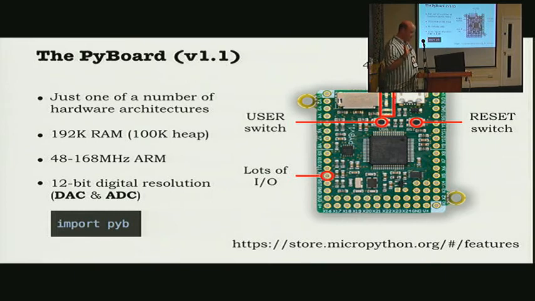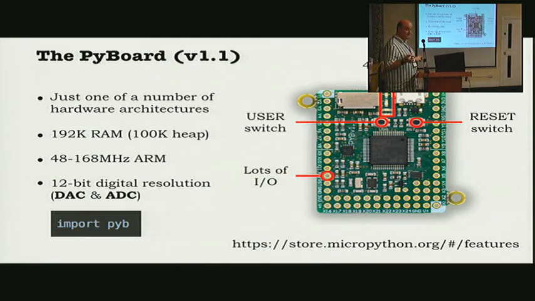So the board that's inside the case looks something like this, and gives you access to a couple of switches which you can program, and reset the device. It's got a number of LEDs, and it's got tons of I/O around the edge of the board, which come out of jumpers. It's fairly limited in terms of memory. You've only got a few 100K of RAM, usable less than 100K when your code is running, and you're on a relatively low-powered device.